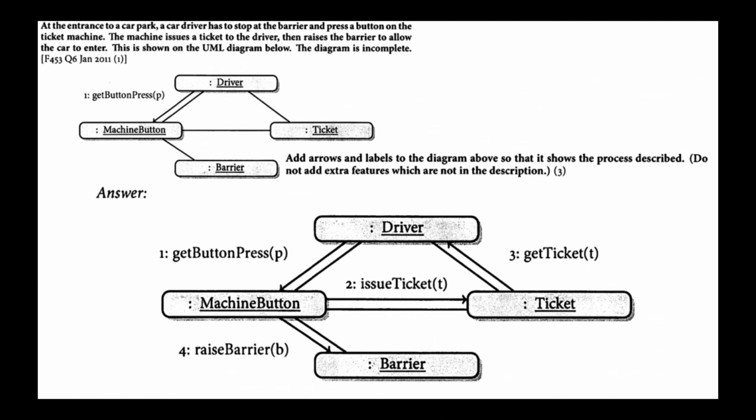First, from machine button, there's the issue ticket command, which is sent to the ticket. Then the driver gets the ticket from the ticket. Then the driver goes back down to the machine button, then to the raise barrier.